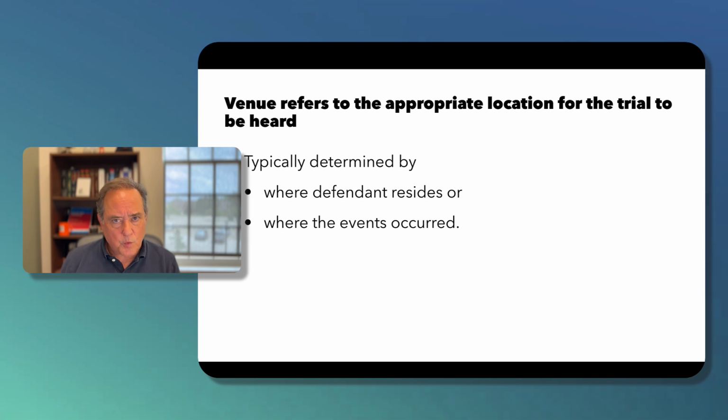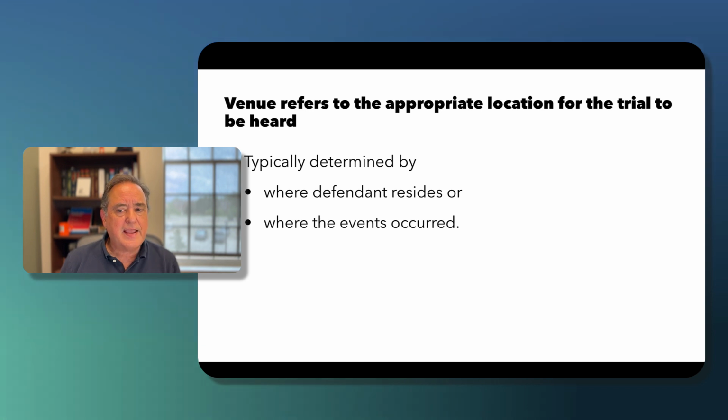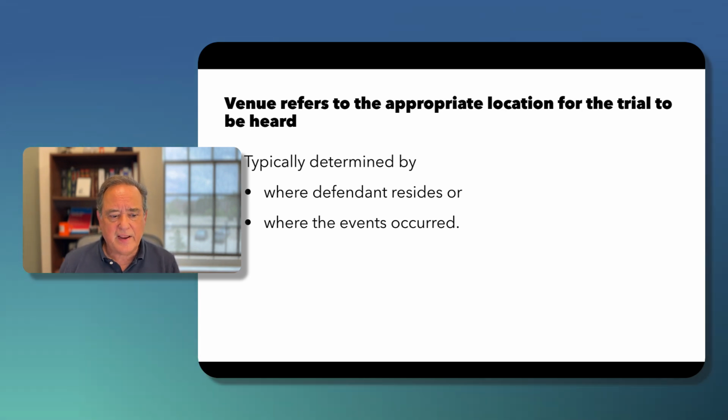Venue always requires the existence of jurisdiction. Parties cannot agree to jurisdiction. They can, however, agree to venue. And what we've seen in recent years is oftentimes in the terms of a contract, the parties will agree to venue in advance.